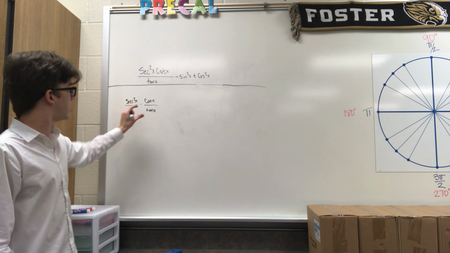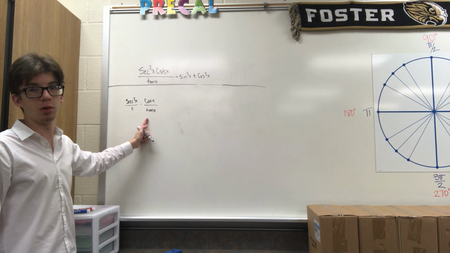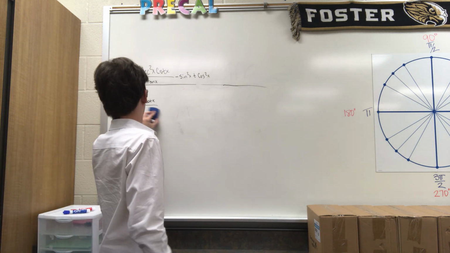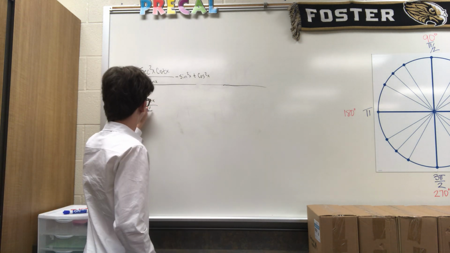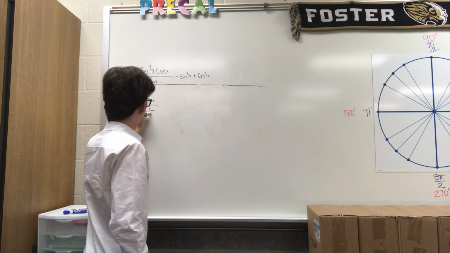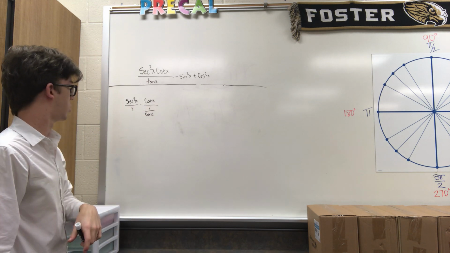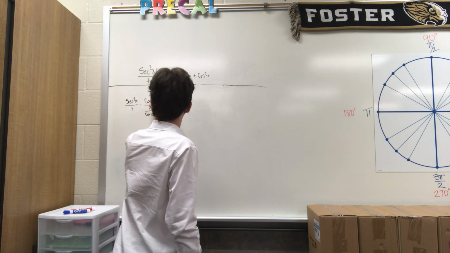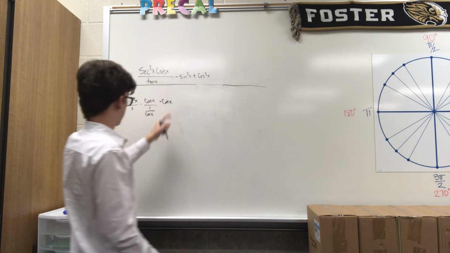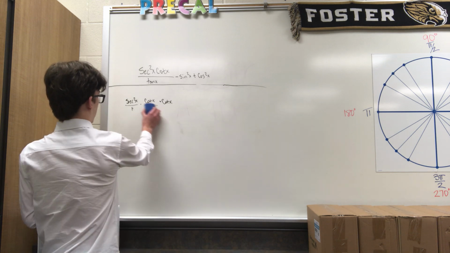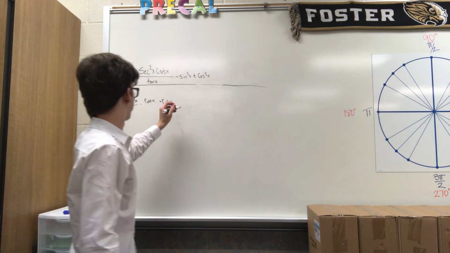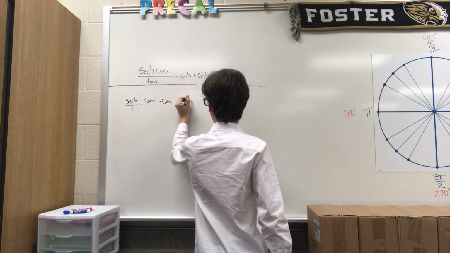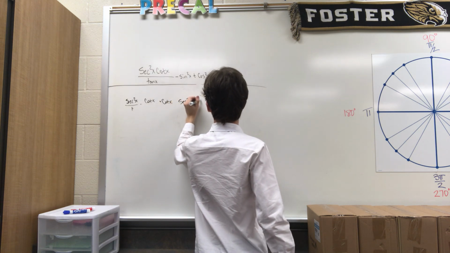So we're going to change tangent to its reciprocal identity, or one over cotangent. So we'll multiply by its reciprocal to get times cotangent x. And then this all comes out to secant squared x cotangent squared x.